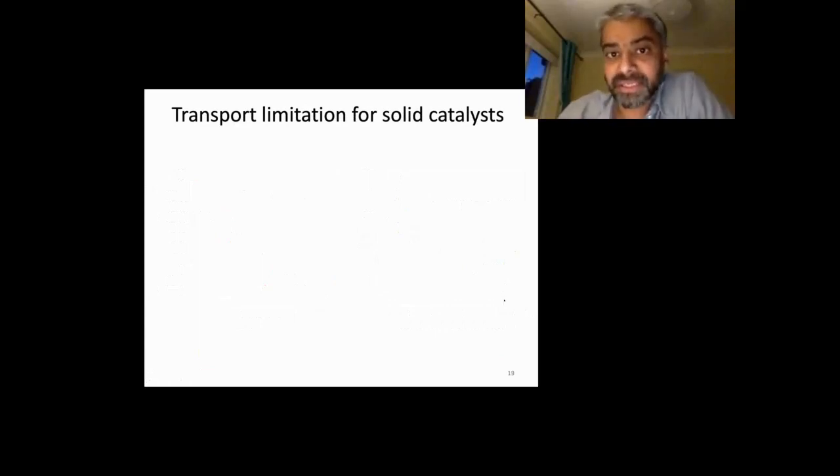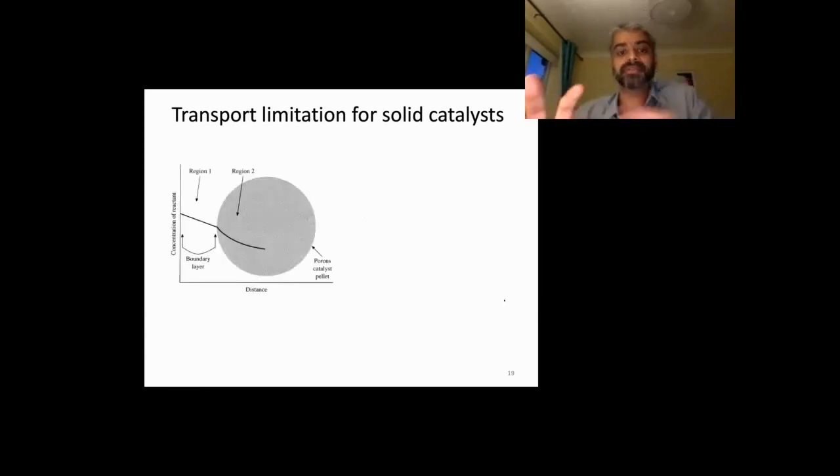Now, this idea is actually well developed in chemical engineering for solid catalysts. If you have a solid catalyst and a dissolved liquid reactant has to diffuse to react on the surface, usually the way it's conceptualized is that around the catalyst there is a zone where the concentration is low, and this is a boundary layer.